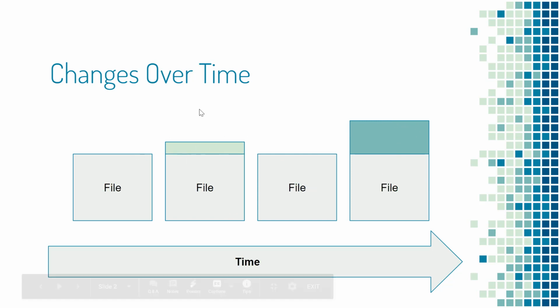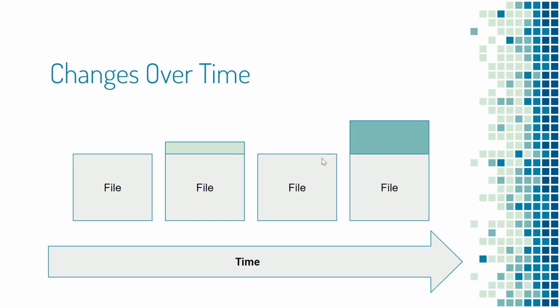So in this scenario, you are overriding what you previously had every time. At this point, if we wanted to revert back to the first file or the original file, we will not be able to do it.